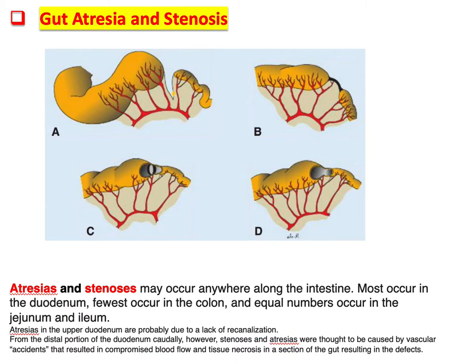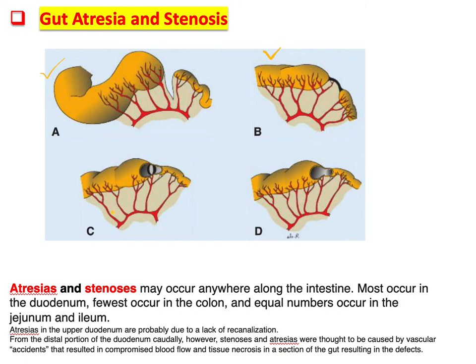Atresia, as you see here, 1, 2, 3, 4, these are the most common cases of atresia of the midgut intestine, and it occurs usually in the duodenum, fewest in the colon, and similar to that in the jejunum and ileum.